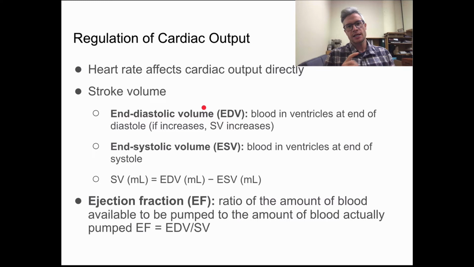We take the end diastolic number, which is going to have the most blood in the ventricles, and the end systolic volume, which is going to have the least, and the difference between the two gives us our stroke volume.